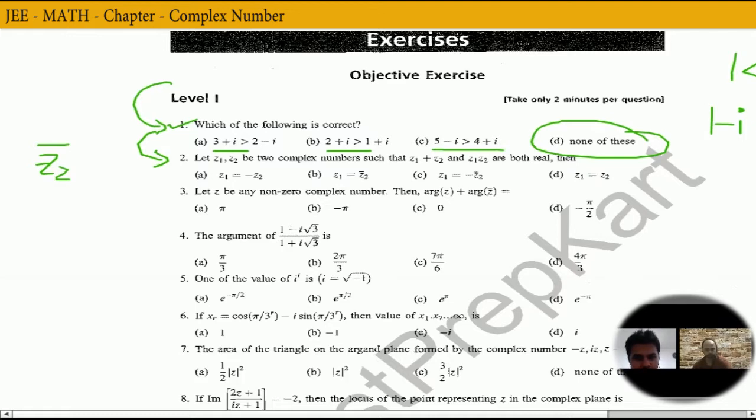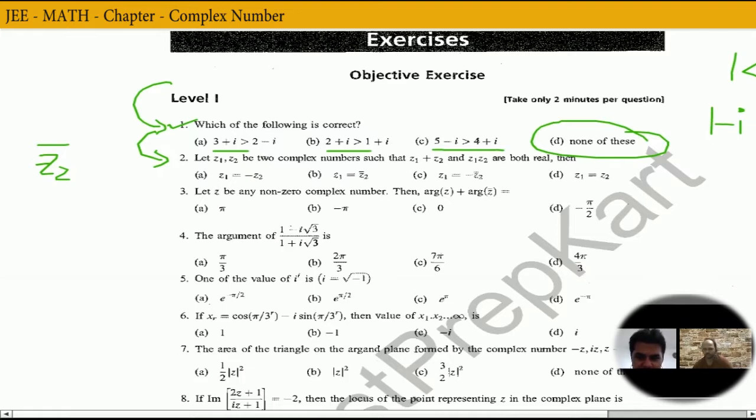Option D. Okay, how can you say that? Well, the first three options don't seem to be the answer, and the fourth one can only happen when both real and imaginary parts are equal, but it doesn't seem like that.